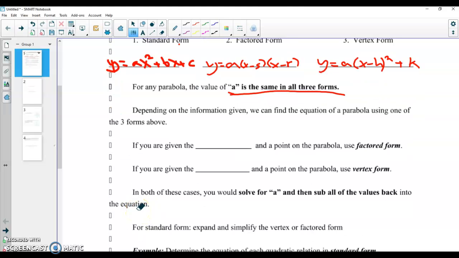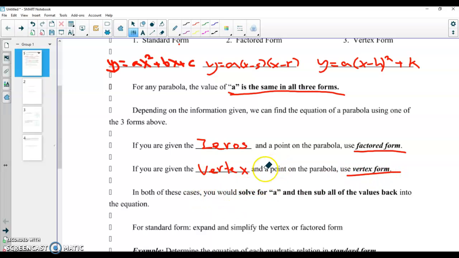So if you're given the zeros and a point on the parabola, then you can find the factored form. If you're given the vertex and a point on the parabola, then you can find the vertex form.